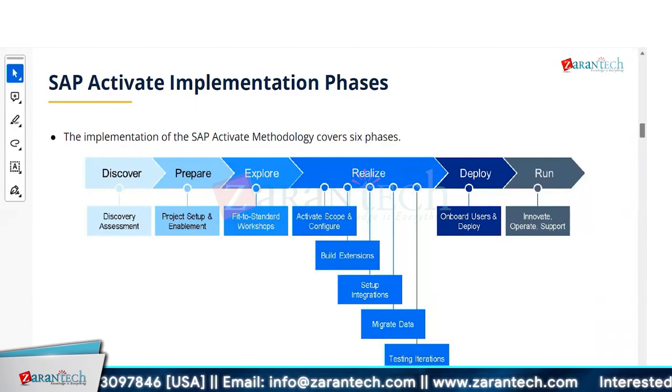It's not like only the discovery or preparation phase has the related tasks or setup. It covers all 6 phases of your implementation. You may have 6 phases, you may have 4, more or less. In a broad sense, during discovery, when you're scoping the project, SAP Activate will help you.